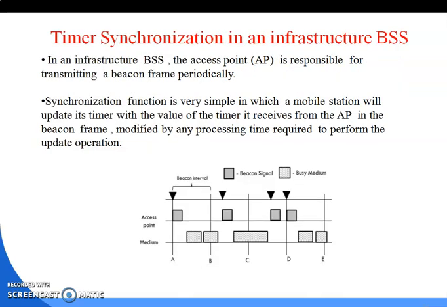Then what about the BSS? In this case, the access point is responsible for transmitting a beacon frame periodically. The synchronization function is very simple: a mobile station updates its timer with the value of the timer it receives from the access point in the beacon frame, modified by any processing time required to perform the update.